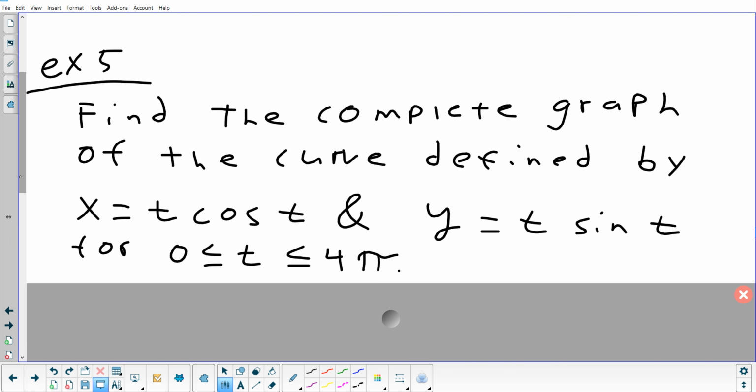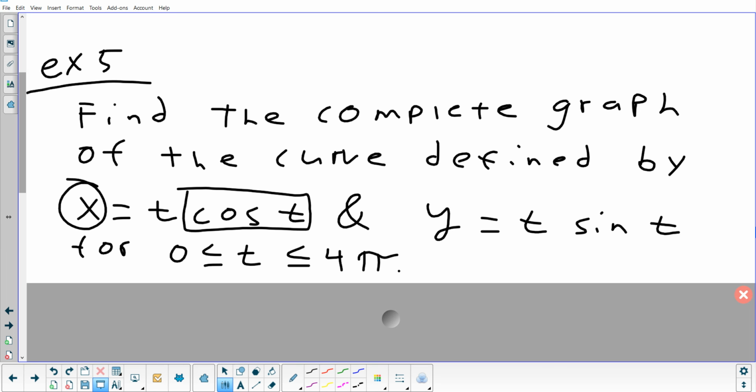So let's think about the biggest and the smallest value that x could ever be here. Start by just thinking about cosine. If you picture the graph of cosine, what's the highest that it ever goes? Yep, 1. Goes as high as 1. And what's the lowest it goes? Yep, -1.